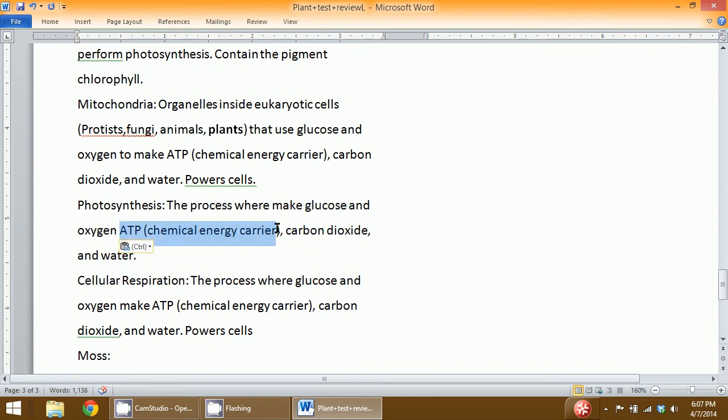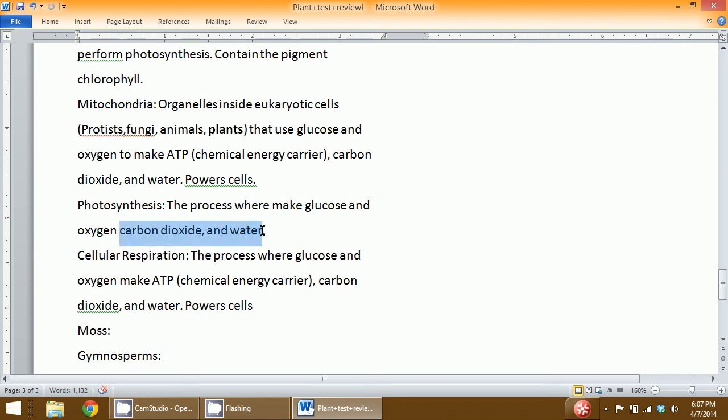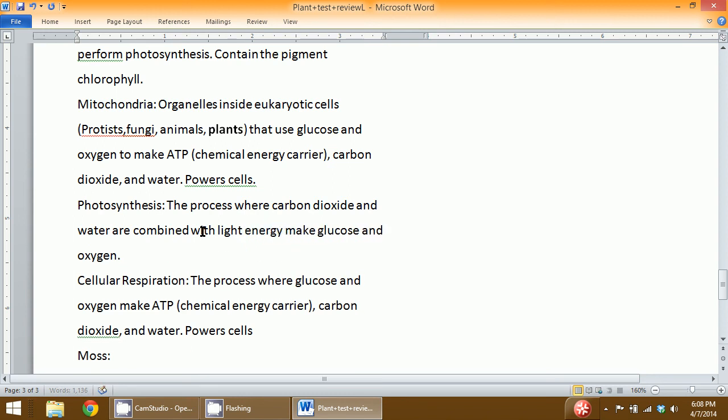Now, they don't use ATP to do that, no. Carbon dioxide and water are used to do that, by combining them with light energy. This is how plants make food.